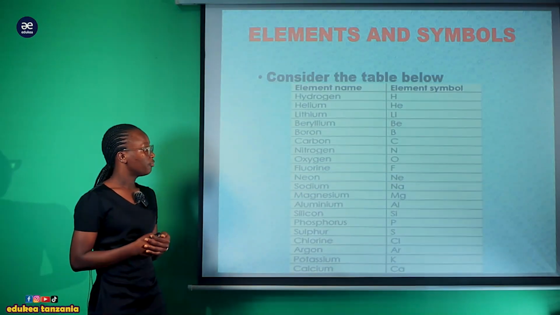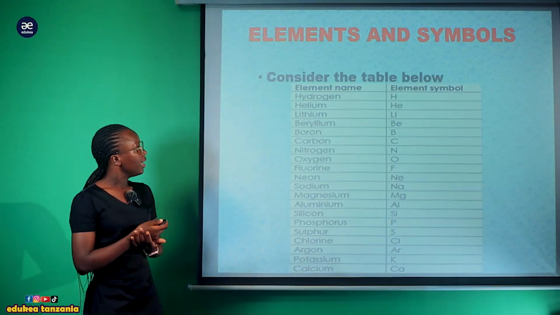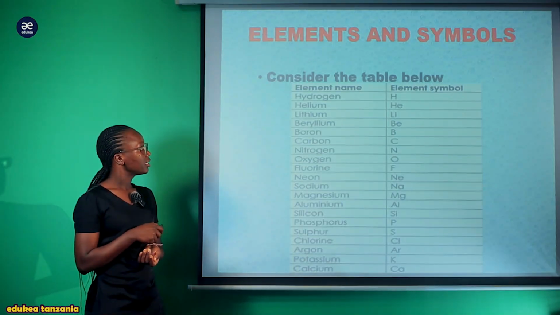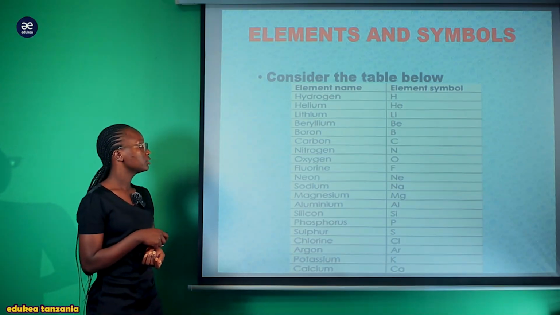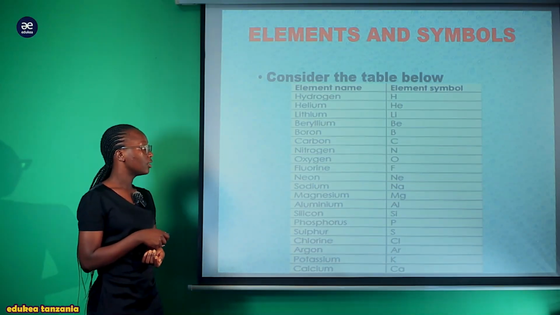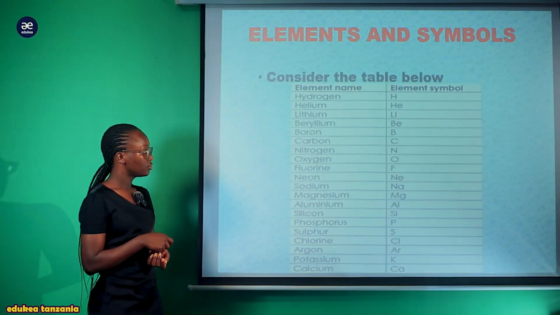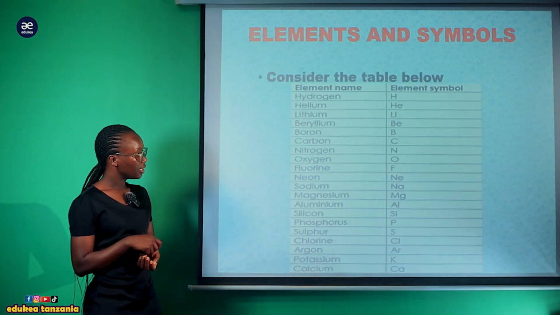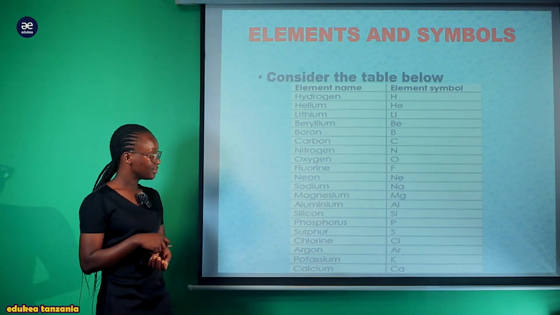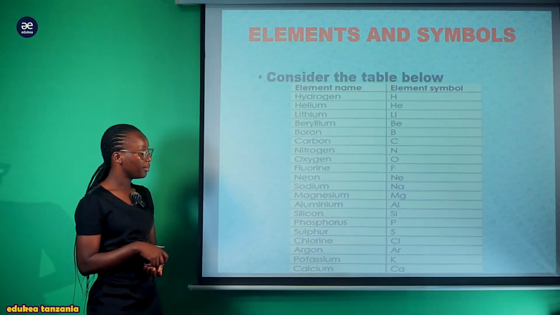The first element is hydrogen, then helium, lithium, beryllium, boron, carbon, nitrogen, oxygen, fluorine, neon, sodium, magnesium, aluminium, silicon, phosphorus, sulfur, chlorine, argon, potassium, and the last one, the 20th element, is calcium.